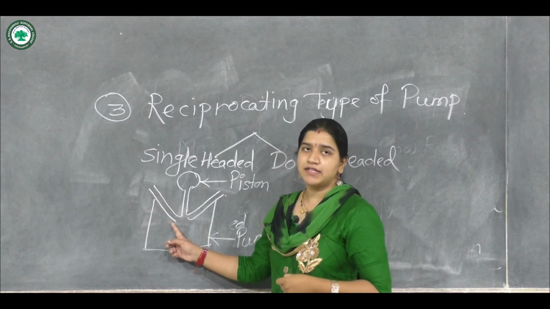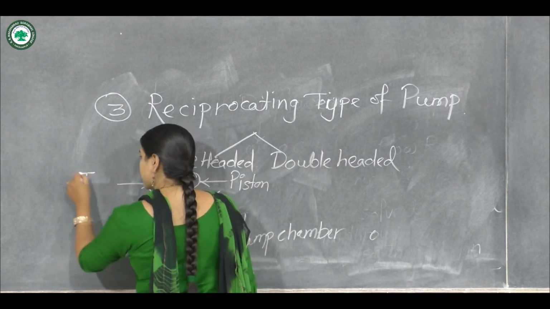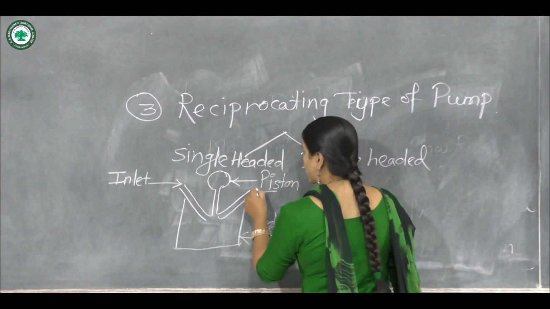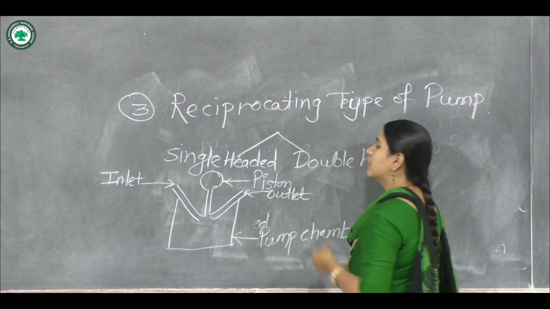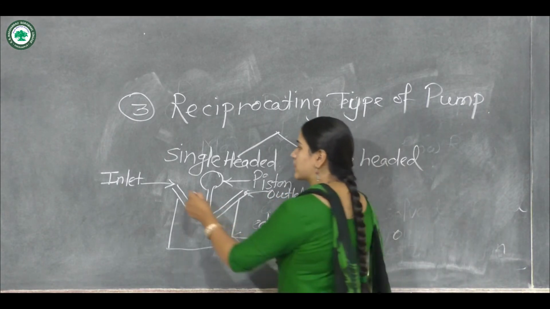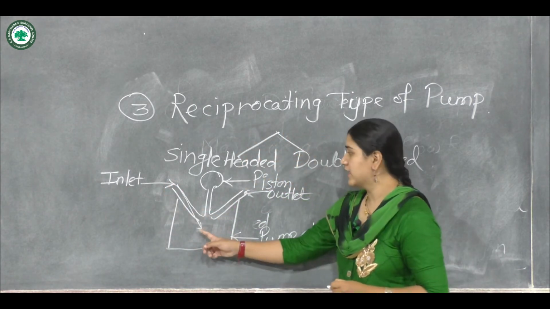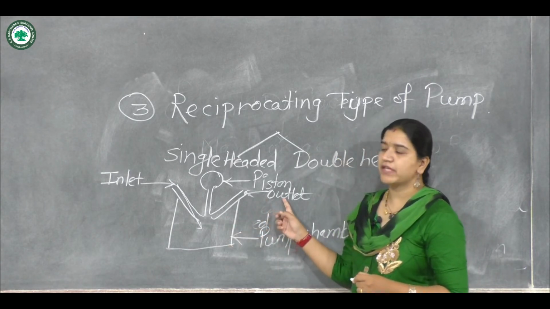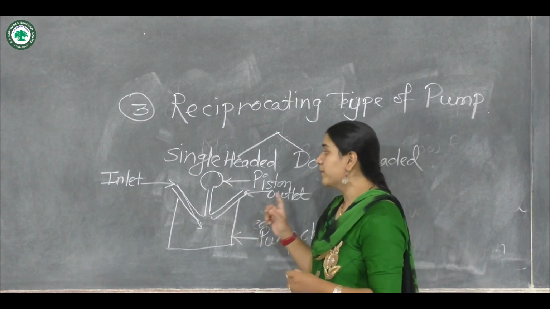This one is the inlet for the solvent, and this one is the outlet for the solvent. So your solvent comes inside by using the inlet, and then it comes out from the outlet. This is about the single-headed type of pump.